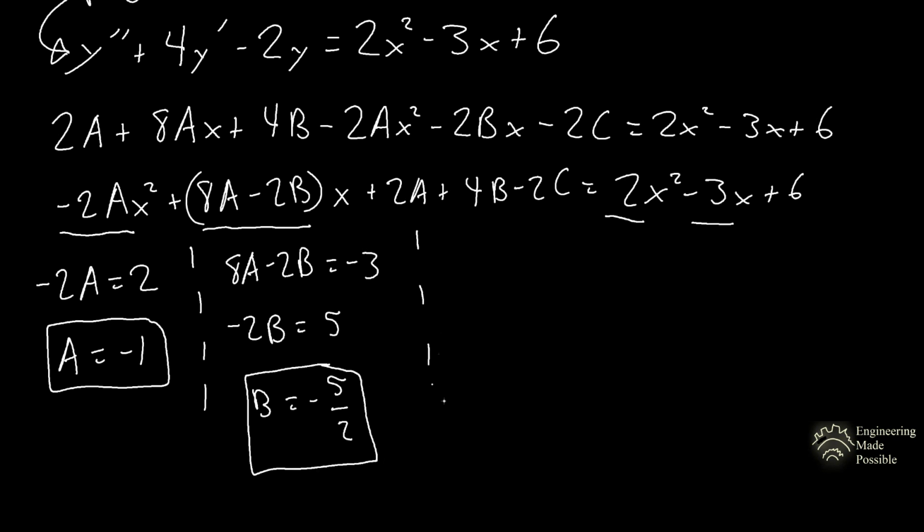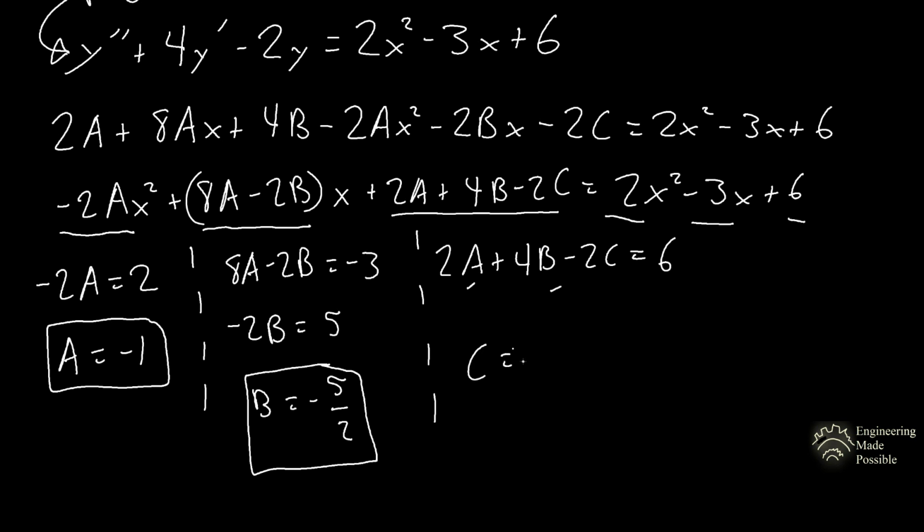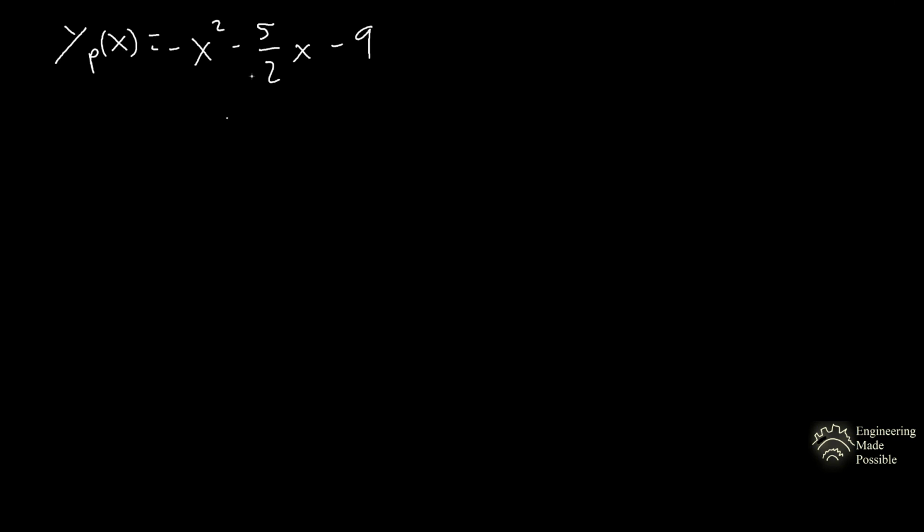Now let's go to the other one, where these constants are equal to this constant here. Since we already have the values of a and b, we just solve for c, and c ends up being equal to negative 9. So since initially we got the particular solution with the variables a, b, and c, and we solved for them, the particular solution ends up being negative x squared, take away 5 halves x, take away 9.